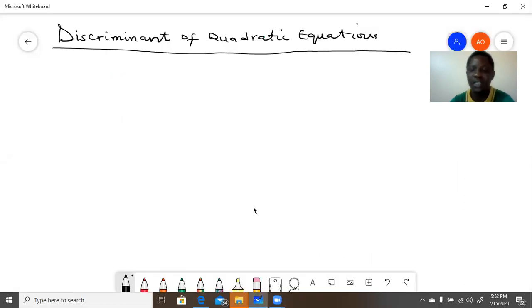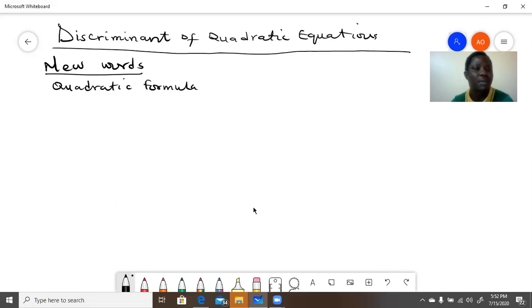Discriminant of quadratic equation. Now, what are the new words that we come across today? The first one is quadratic formula.